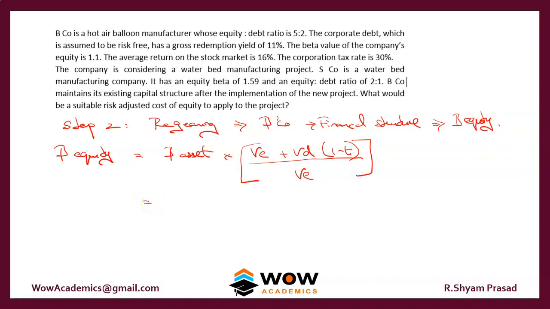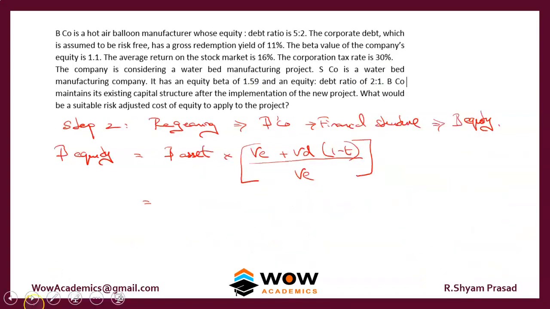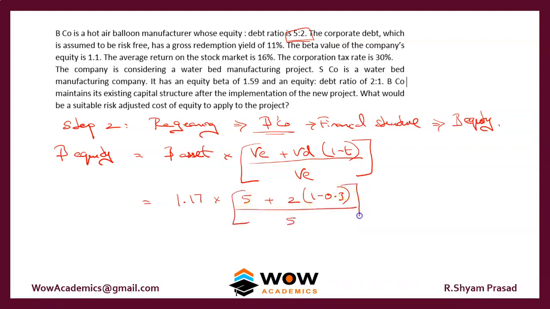We already got the asset beta from the earlier step. Earlier step showed us 1.17. We'll take that number, 1.17 into VE. Which company's capital structure do we have to take? We have to take the BCO's capital structure, because BCO's capital structure is 5:2. So 5 plus 2 into 1 minus 0.3 divided by again 5. So this has to be solved first.